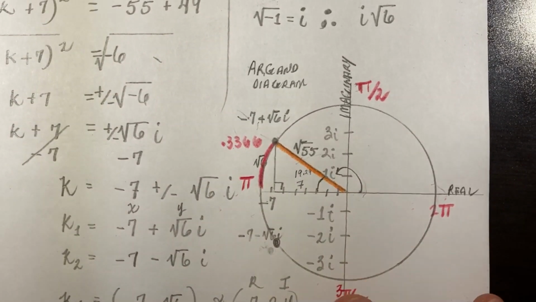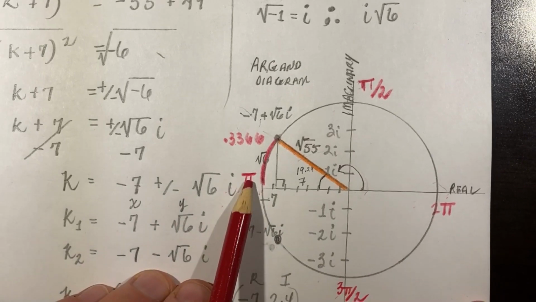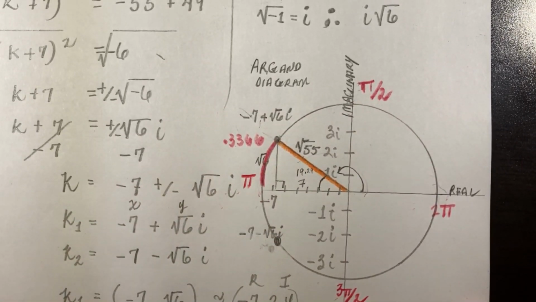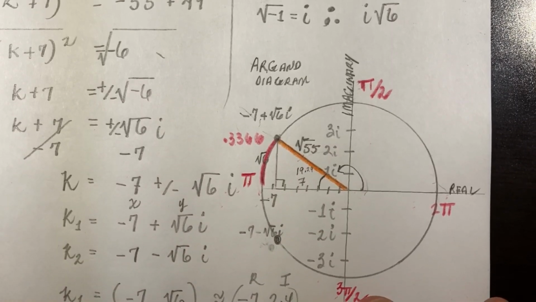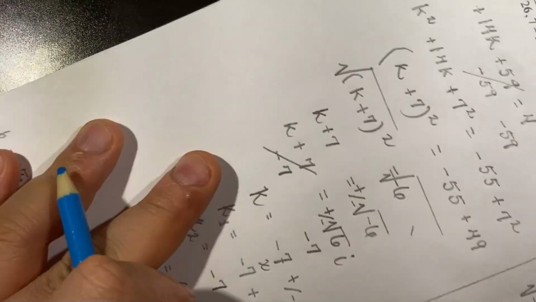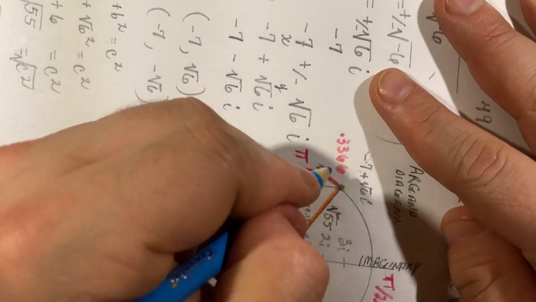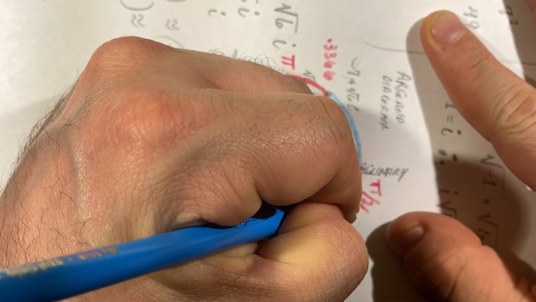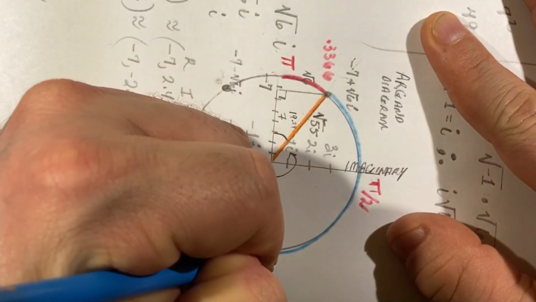And so if you subtract that from pi, which is this entire 180 degree rotation, you will have this arc measure in blue.